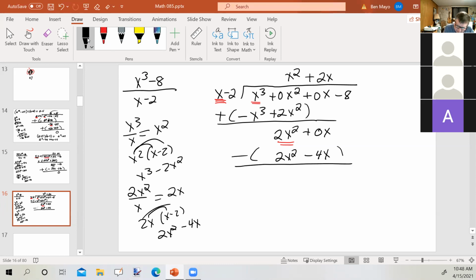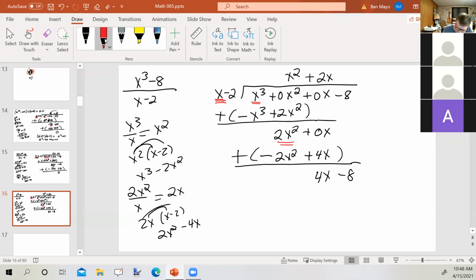We'll subtract that quantity from what's up above. Change it to addition of the opposite. Add up the columns. 2x squared plus negative 2x squared is 0x squared. 0x plus 4x is 4x. Bring down the next term, the minus 8.